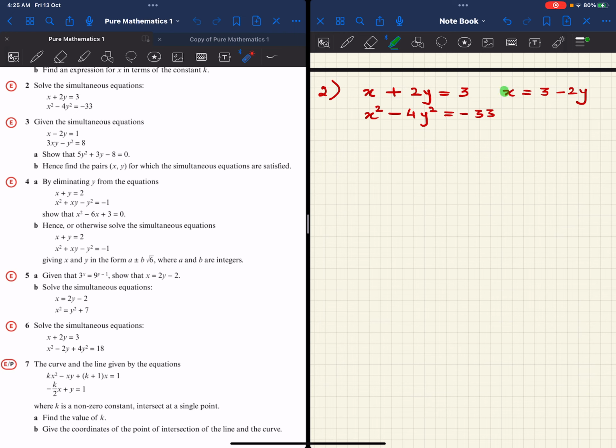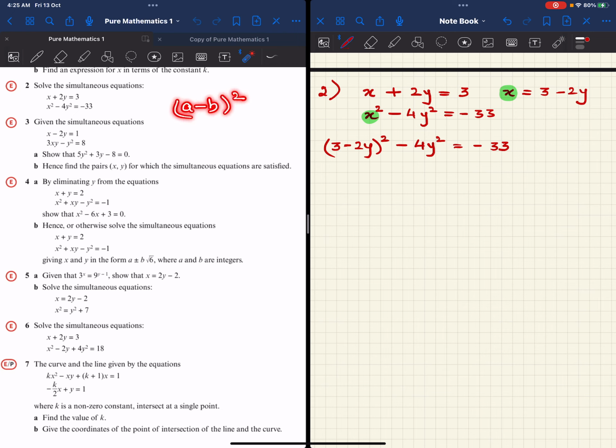So this value that we got for x, we will plug in here, and hence we can solve the two equations simultaneously. So for x, I will write the value 3 minus 2y. It will be squared minus 4y squared is equal to minus 33. Now I have got the bracket here, 3 minus 2y the whole squared. This is in the form of a minus b the whole squared.